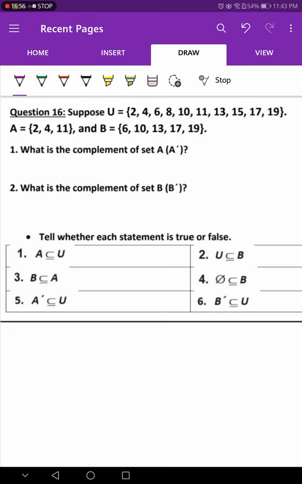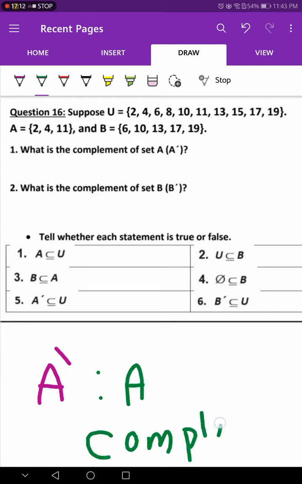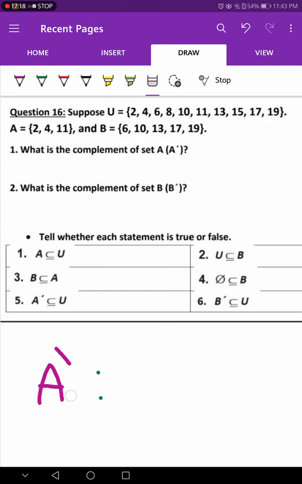First of all, you have to know that if you have a letter with a prime or a dash like this, it means what? A complement. How do you read it? A complement. Bravo. Now we learned how to read it, and you knew how to read it before, but let me just remind you.